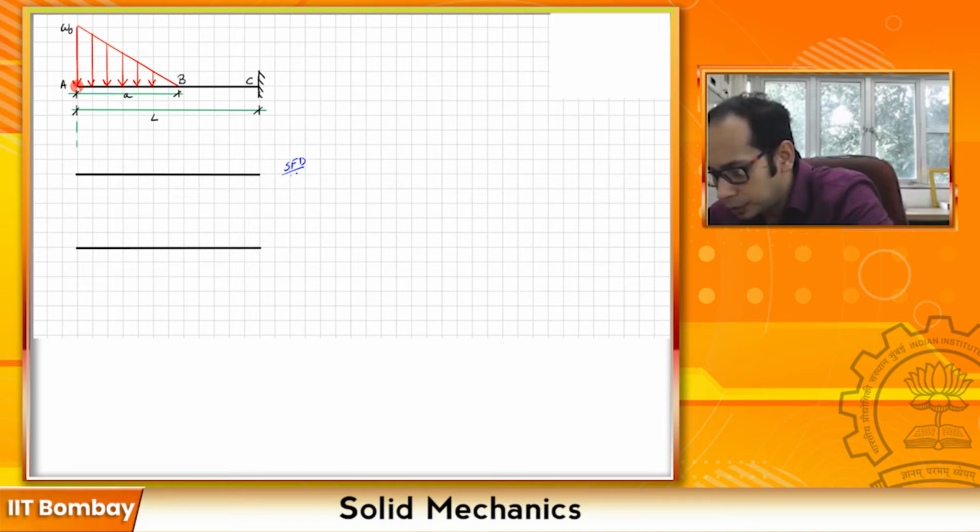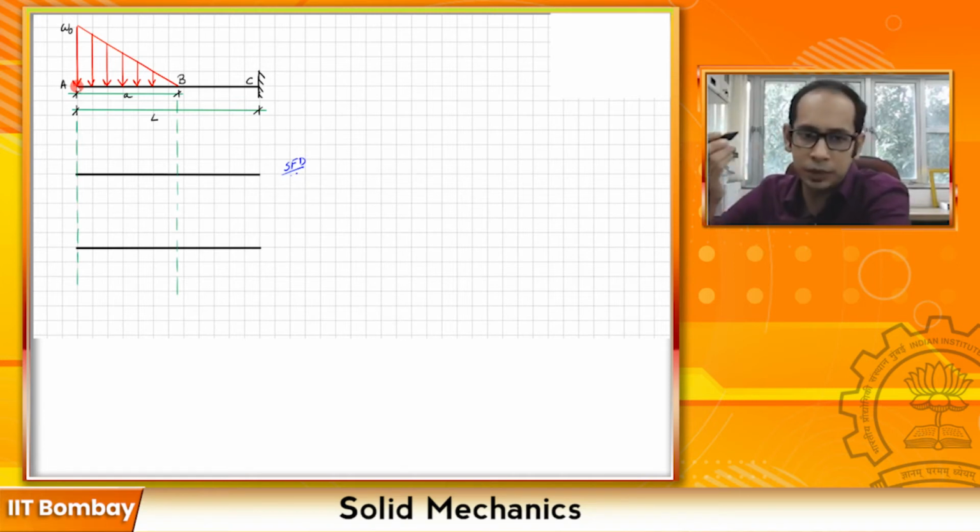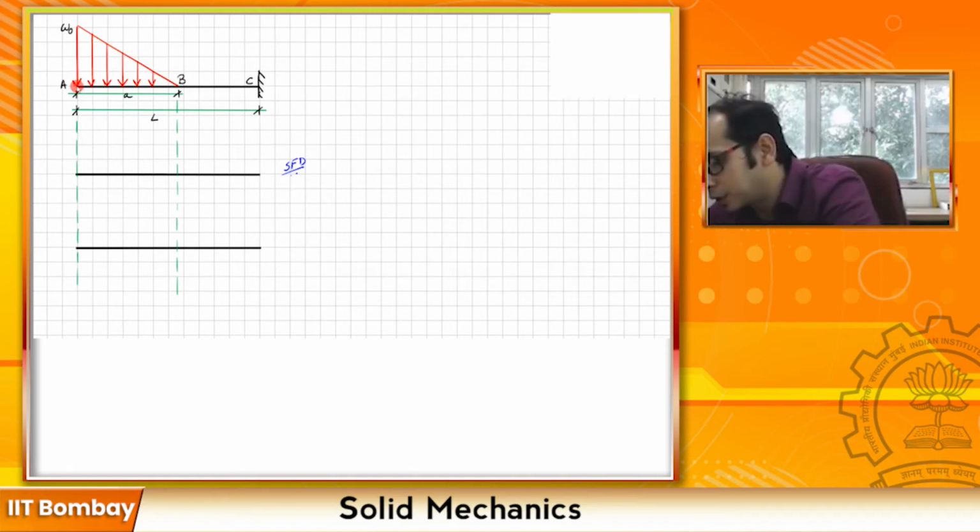So of course this is my point A. Intermediate, I have where the triangular load ends, I have the point B, because those are the places where we expect transitions to happen. So just for a neater diagram, it is often convenient to draw these guidelines.